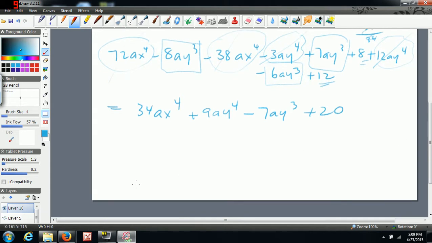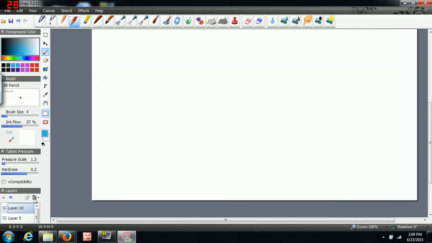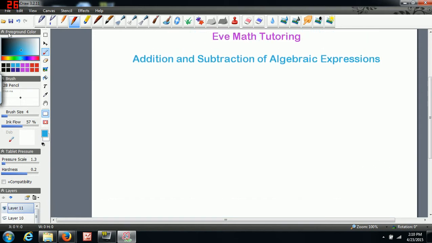Okay, let's try another example. Let's try adding the following. 14x plus y minus 17y plus z.